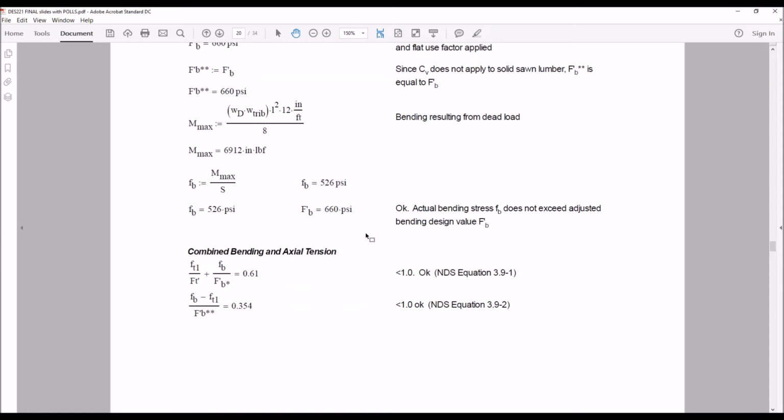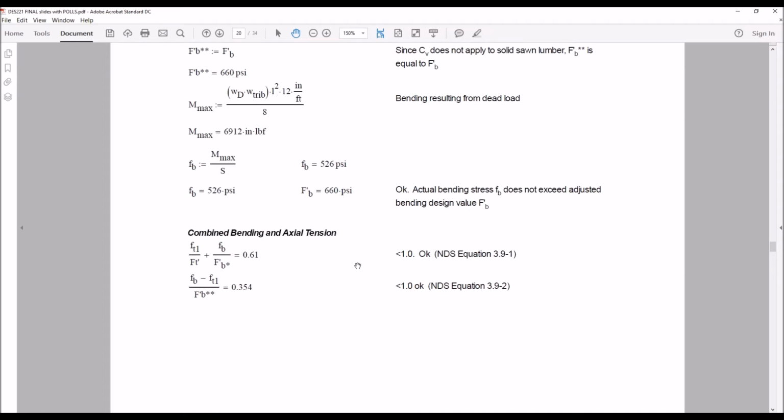But we do need to do an interaction check next. So that's a combined bending and axial interaction. What this does is it makes sure that we're not overstressing the beam with the combination of both the bending and the tension loads. So if the axial tension is using 50% of the beam's capacity, then you only have 50% left to support the bending loads.